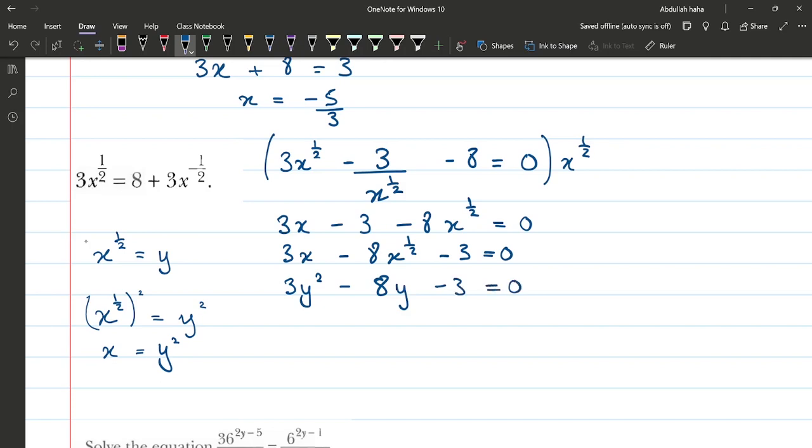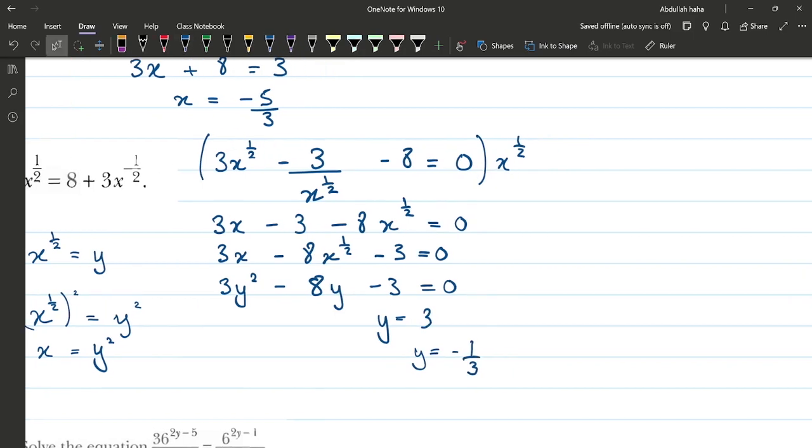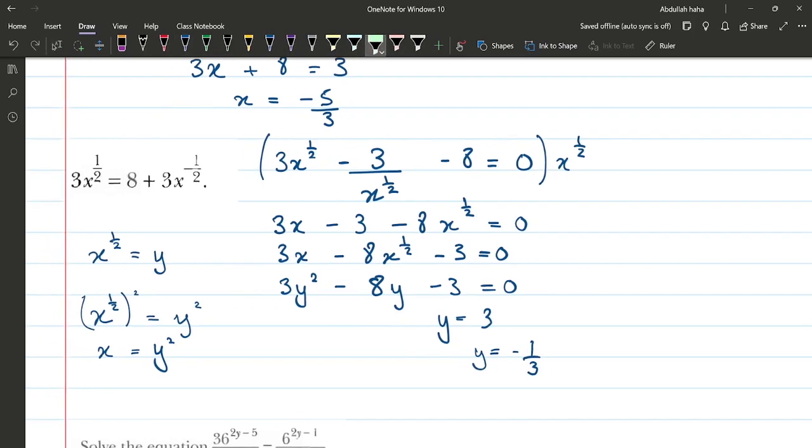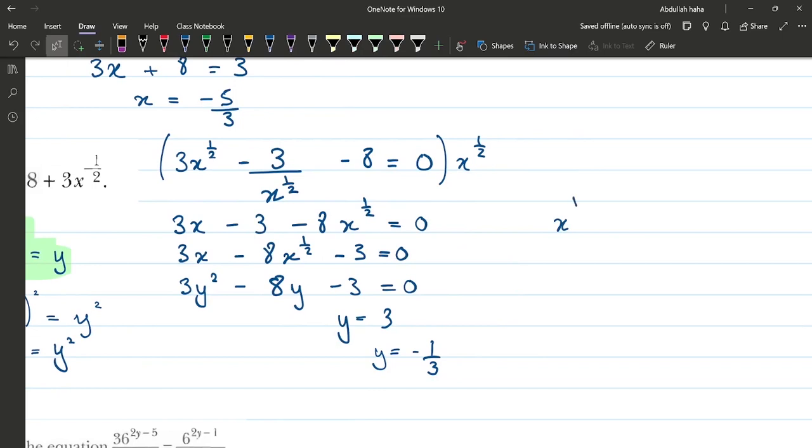Now I can use my calculator and find the answer to this. So y is equal to 3 and y is equal to minus 1 over 3. Now we're not done yet though, because we said y is equal to x to the power half. So we have to come over here and say x to the power half is equal to 3 and x to the power half is equal to minus 1 over 3.